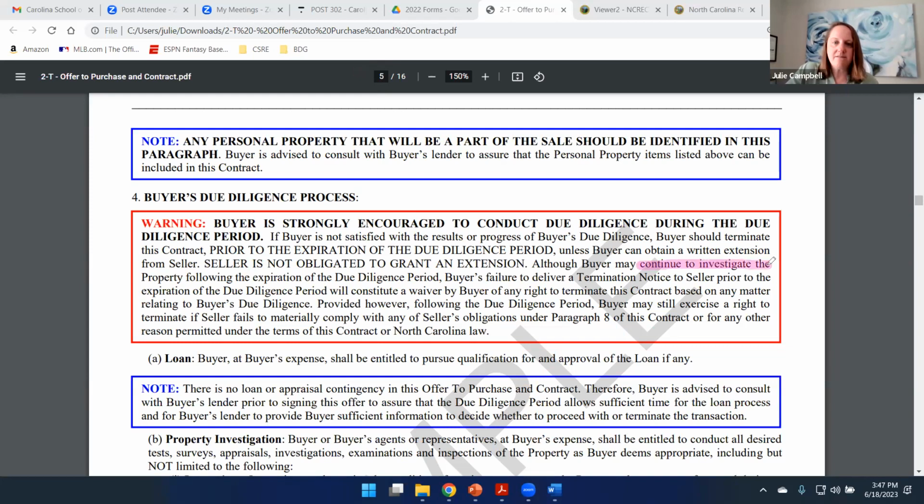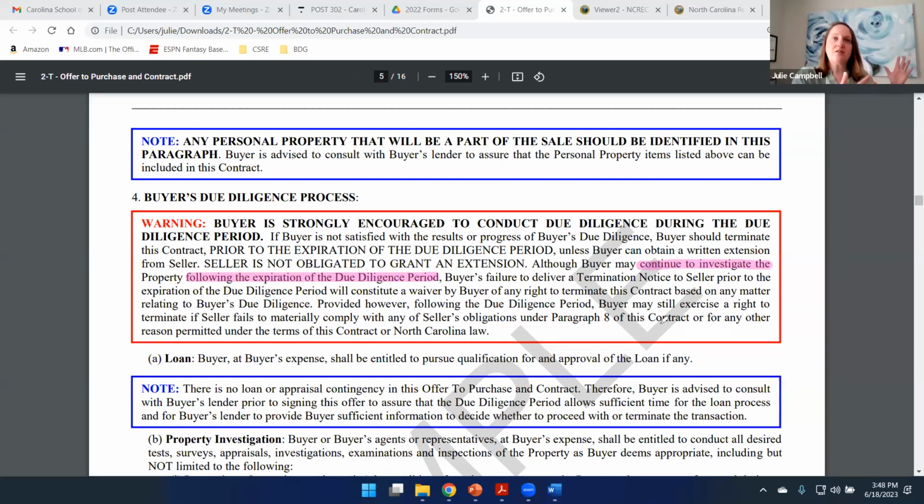Understand, at the end of due diligence, the buyer has not lost their right to investigate and inspect. The buyer is investigating and inspecting up until the day of settlement. The final walkthrough is an opportunity to investigate.